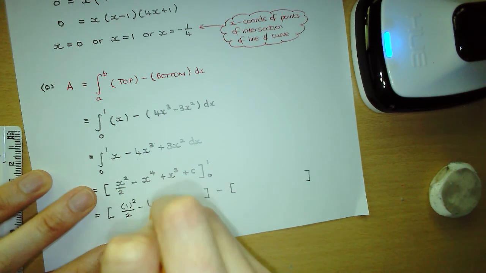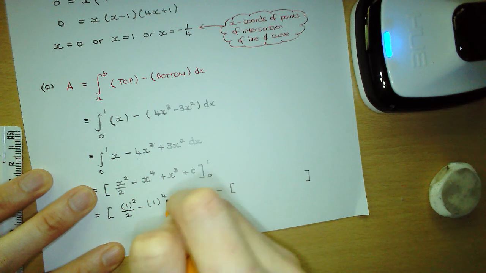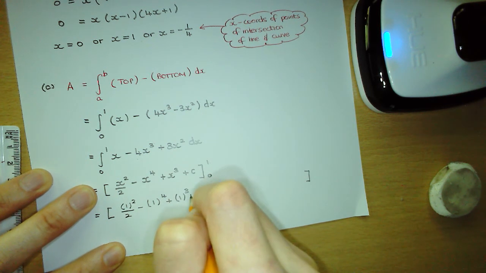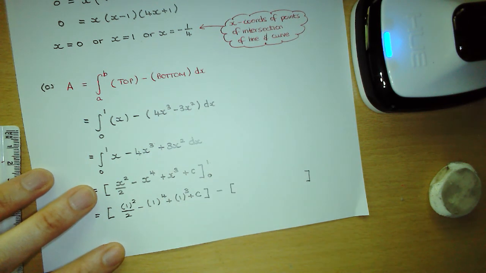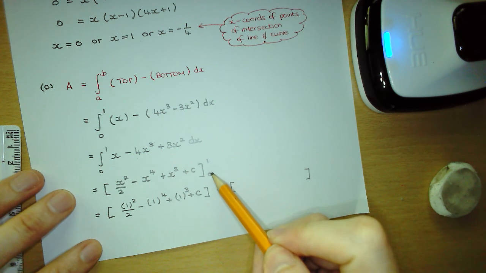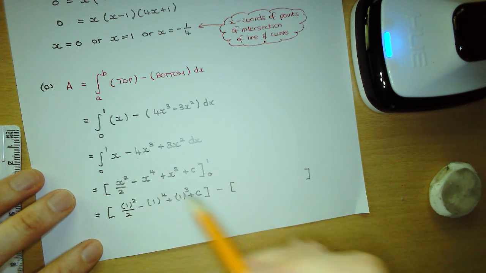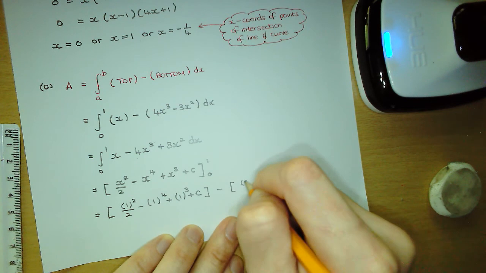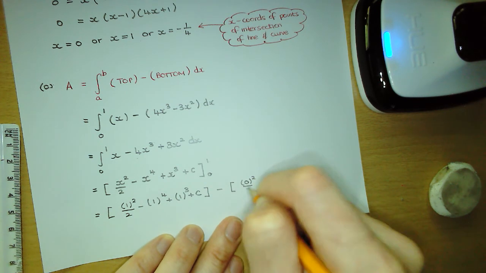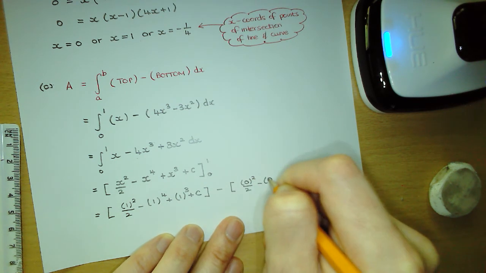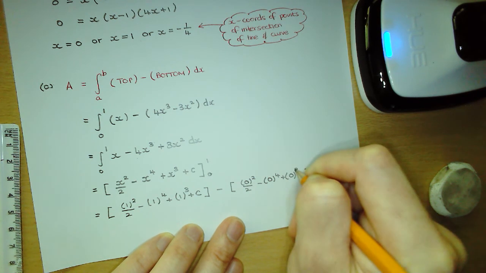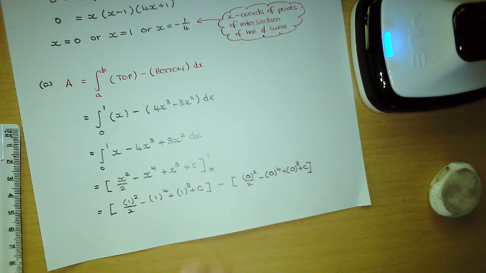Subtract 1 to the power of 4 plus 1 cubed plus c, and then we're going to sub the smaller limit into the integrated expression in the second square bracket. So we're now going to have nothing squared over 2 minus nothing to the power of 4 plus nothing cubed plus c.